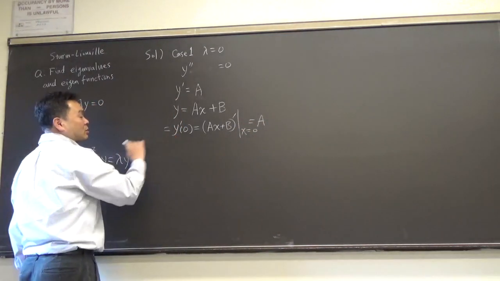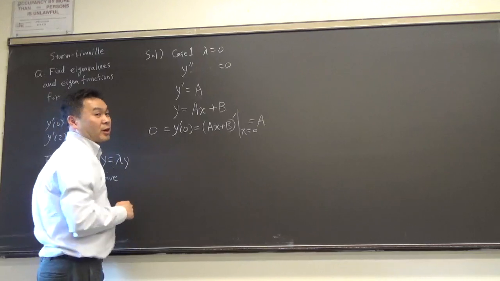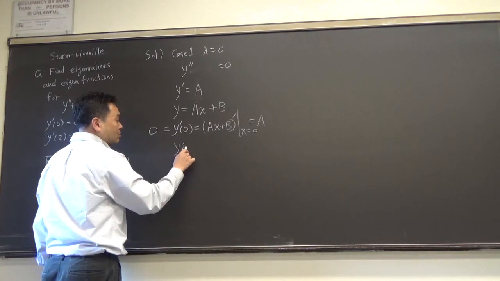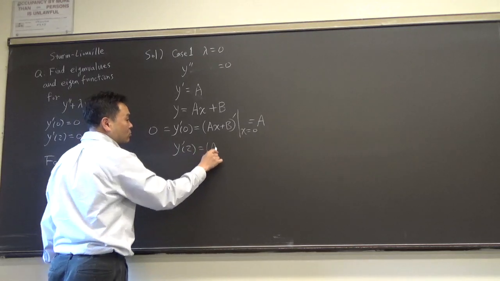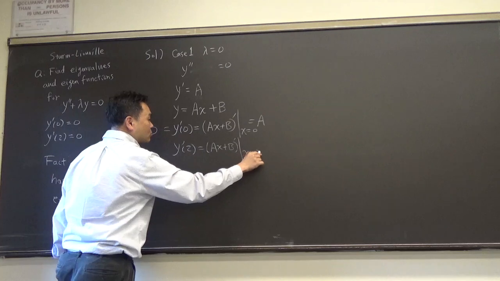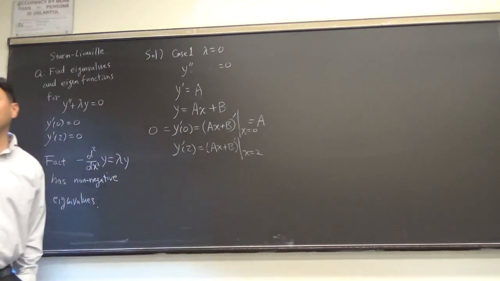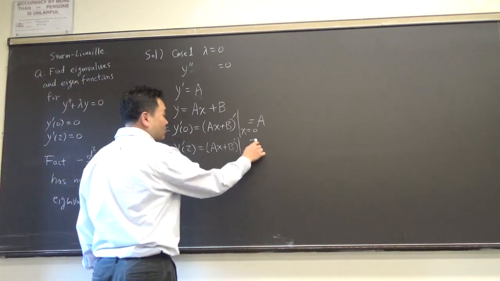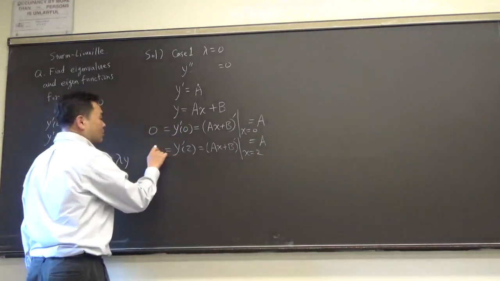And because y prime of 0 is 0, 0 equals a. That's what we get. And then y prime of 2 means you differentiate this and then plug in x equals 2. Again, the derivative is a, which is a constant function. Whether you plug in 2 or 0, it doesn't matter. It still gives you a, so you get 0.